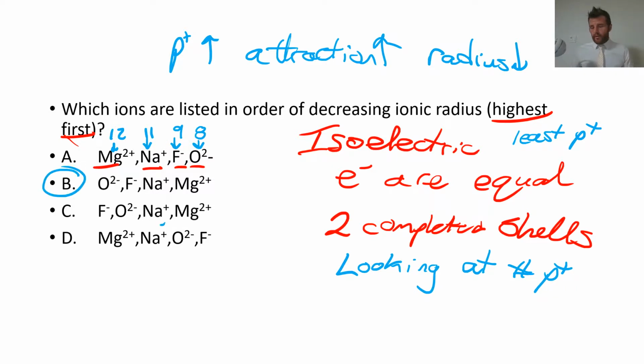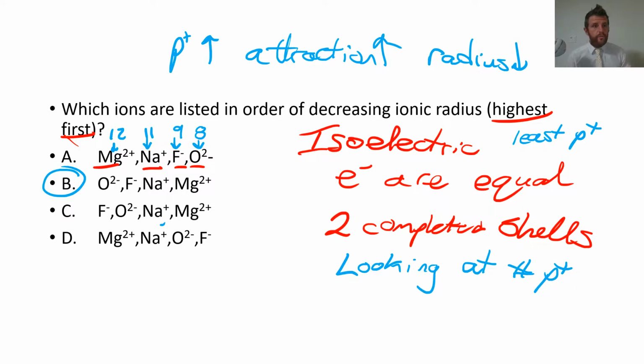In general, you can always think about this as: the higher the charge an anion has, the larger the radius, because we have more electrons, and those electrons start to repel.